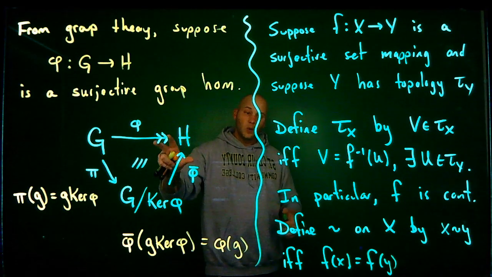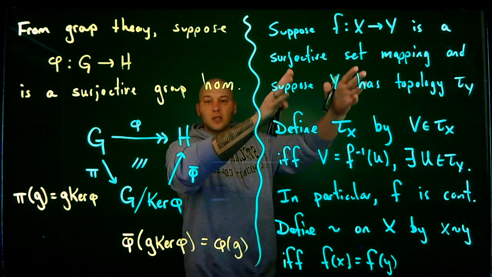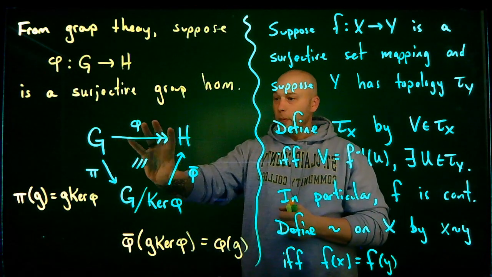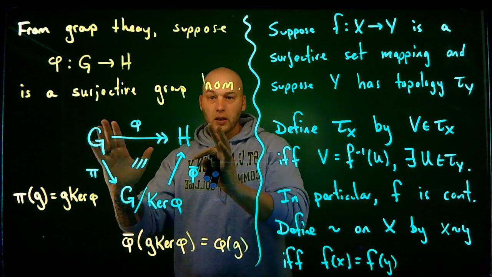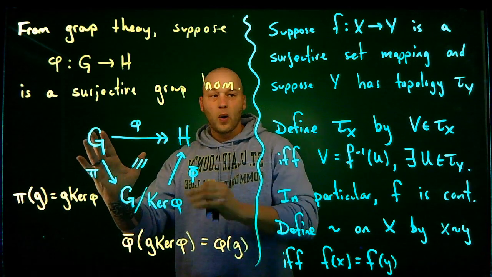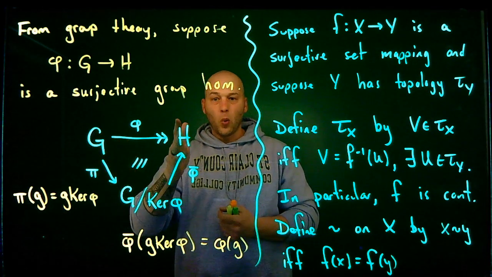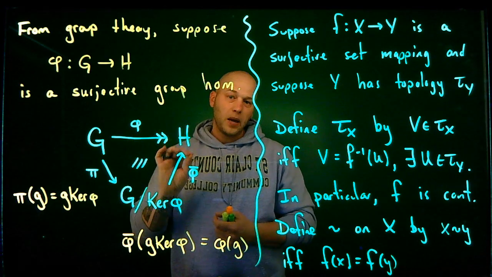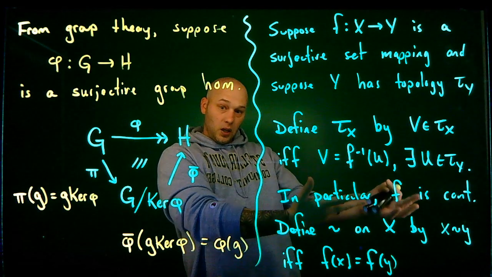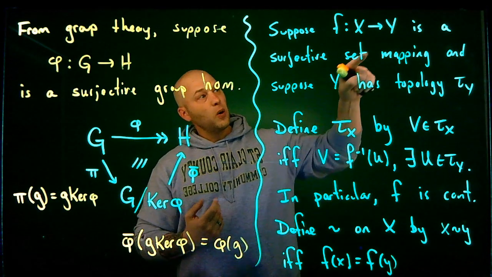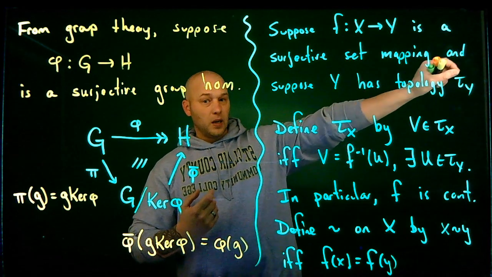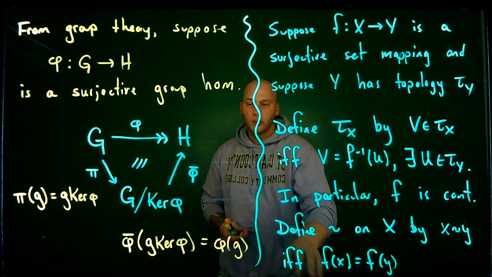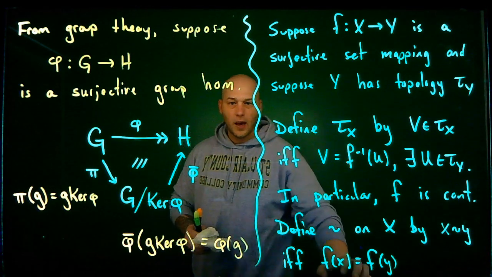I'll leave this side up and clean up the group theory portion. The idea is I'm going to come up with a relationship very similar to this diagram, where I've got X mapping to Y, which is a surjective mapping, which is continuous, and then I'm going to be able to show that Y, the target space, is actually homeomorphic to a quotient of X. So let me clean this side up, and then I will show you that.